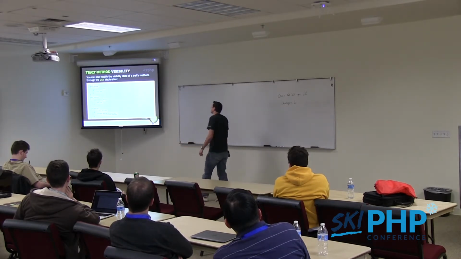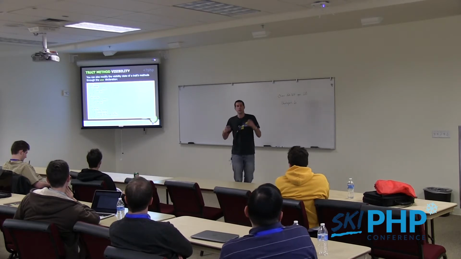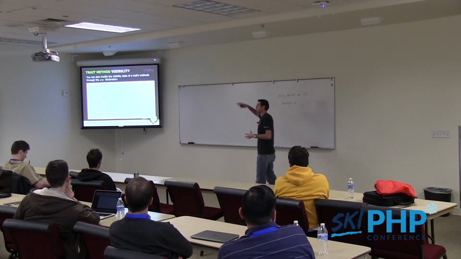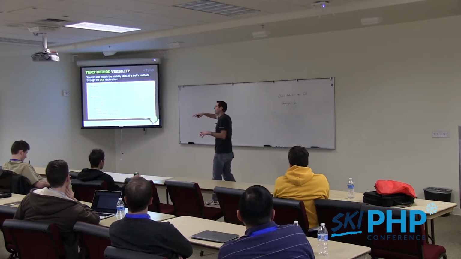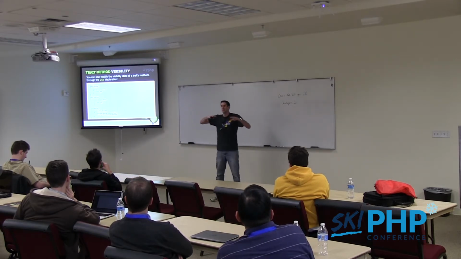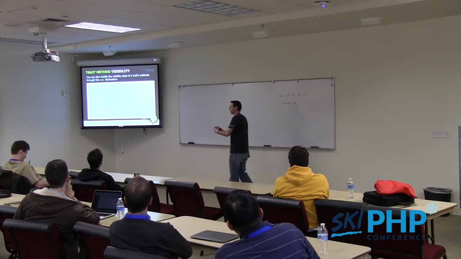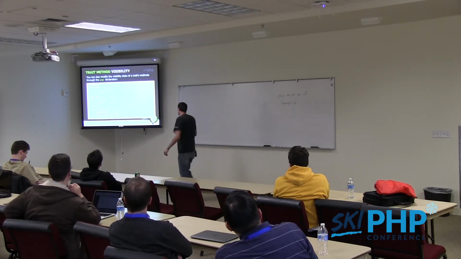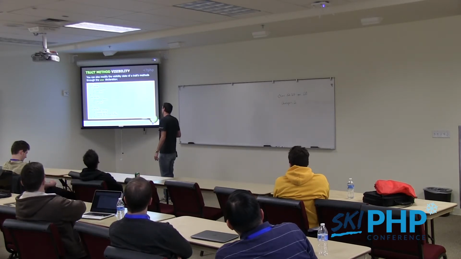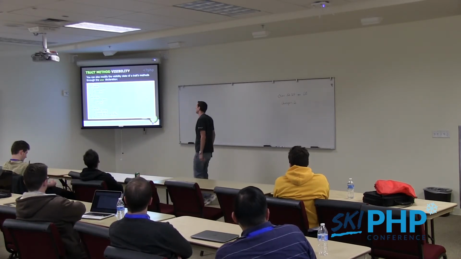You can also modify the visibility of states through the use declaration. Again, one of the really cool things about traits is that chances are when you're pulling in a trait, you want this code to be reusable, but you may not want the visibility to be the same in every case. You may want it to be private in one class or public in another. This allows you to say, hey, grab this method, but make it protected.